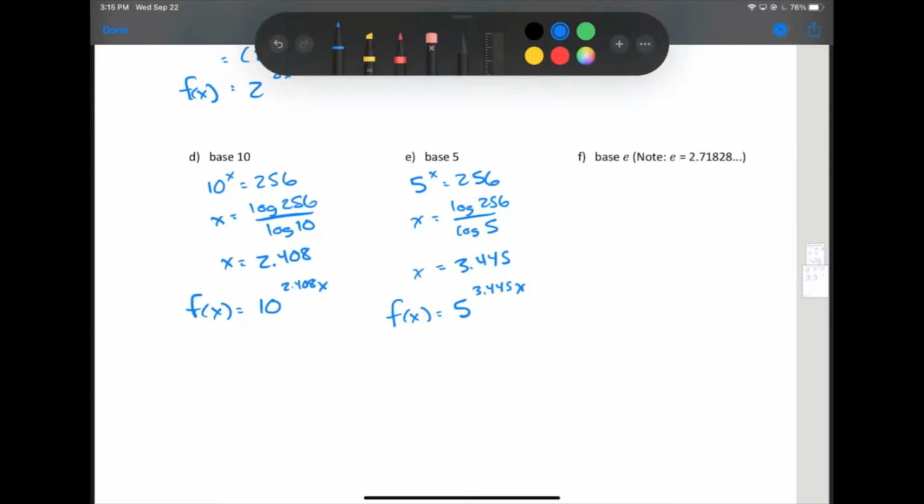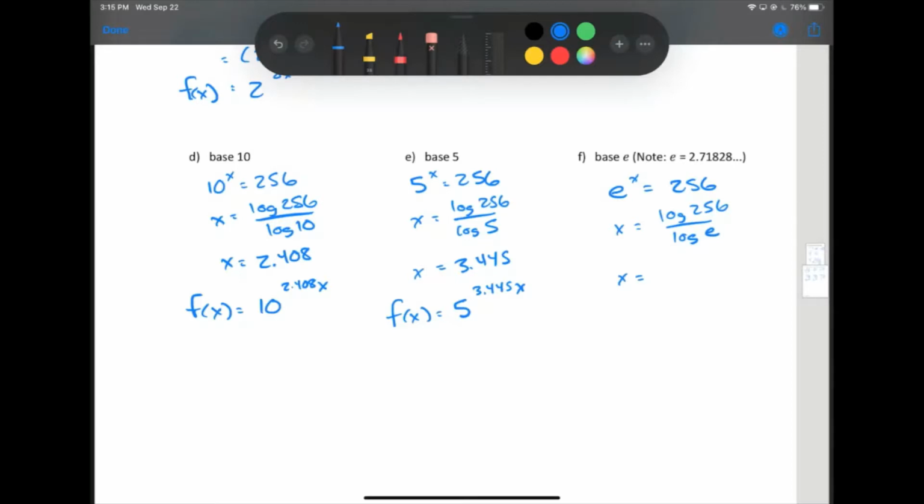But either way, e to the x equals 256, jumping a step there. So x equals log 256 over the log of e. And even though I'm writing the e, when I punch it into my calculator, I'll punch it in as 2.71828.